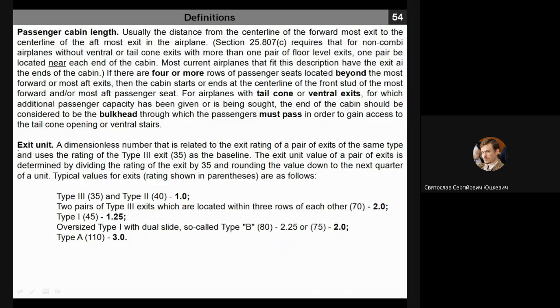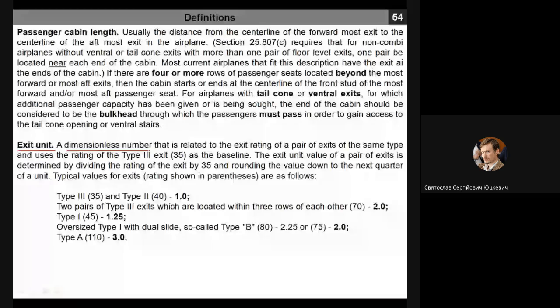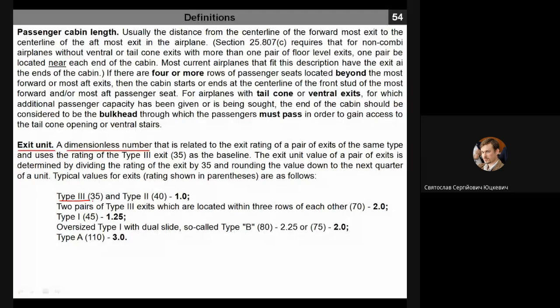Exit unit. So please pay attention on this element that we will take in account in our calculation. So exit unit is first of all dimensionless number, and you will determine by the dividing type rating on the type 3 rating. So type 3 rating is 35.